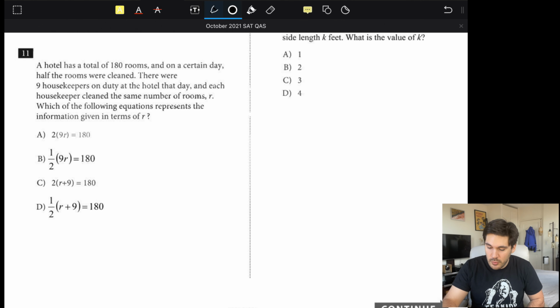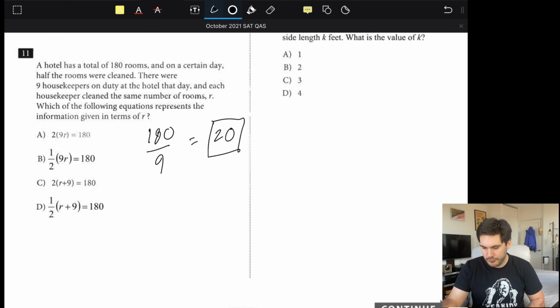So we can just do 180 divided by 9, which gives us 20 rooms per housekeeper. So just see which equation, when you solve it for R, gives you 20. And the only one that does that is going to be A. So that's our answer.